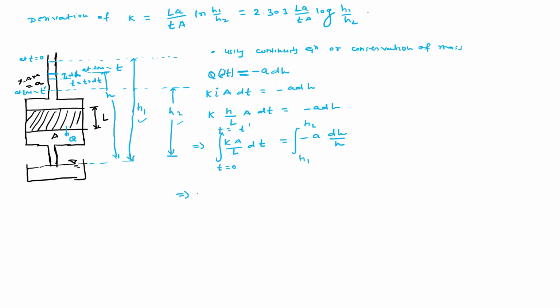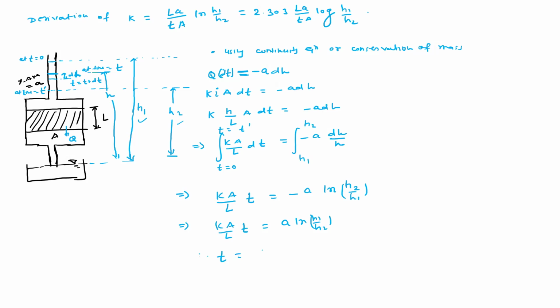So this is k a by L into t is equal to minus a ln H2 by H1. So from here, k a by L into t is equal to a ln H1 by H2.